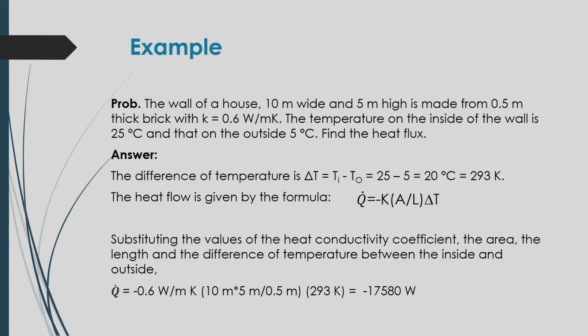The difference of the temperature is delta T. This T of course will always be in terms of the unit Kelvin, so you have to convert it from Celsius to Kelvin, and since it is the difference, we can say 25 minus 5. So, it will be 20 degrees Celsius, which is actually 293 K. Now, the heat flow is given by the formula as per Fourier's law, that is Q dot equals minus K into A by L into delta T.